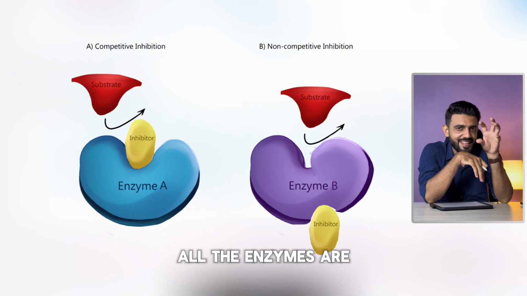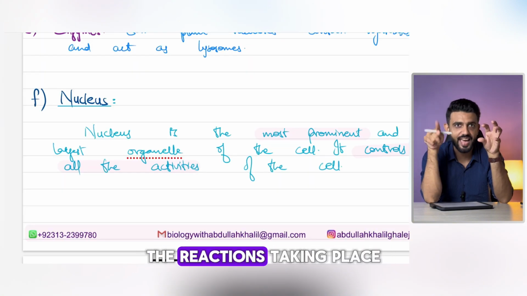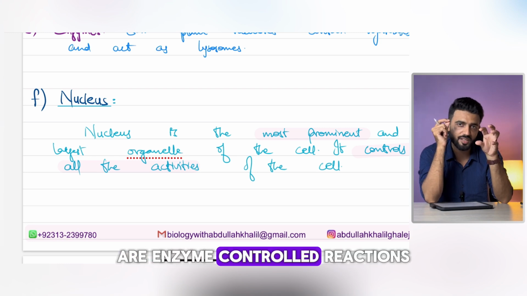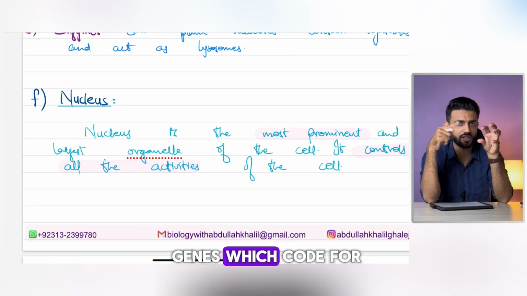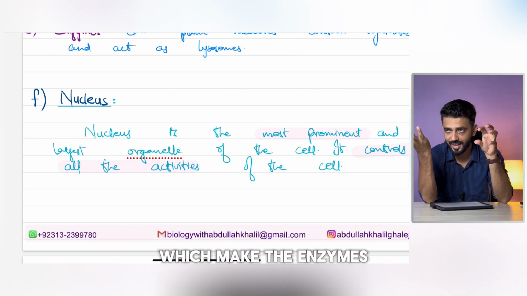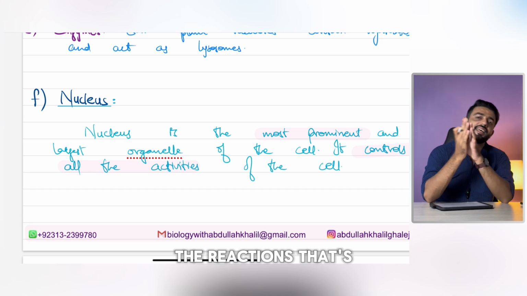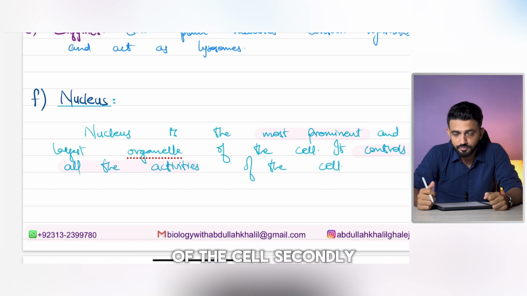So that means all the enzymes are also made by the nucleus, which control the reactions taking place. All the reactions that we have are enzyme controlled reactions. So the nucleus has the genes which code for the enzymes, which make the enzymes. Enzymes control all the activities, the reactions. That's why we say that the nucleus controls all the activities of the cell.